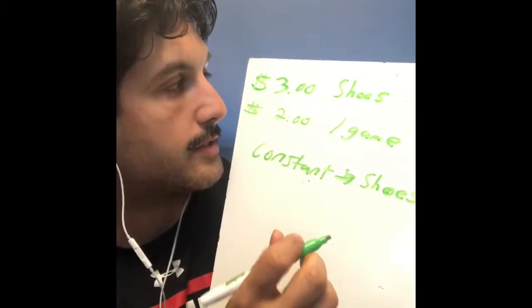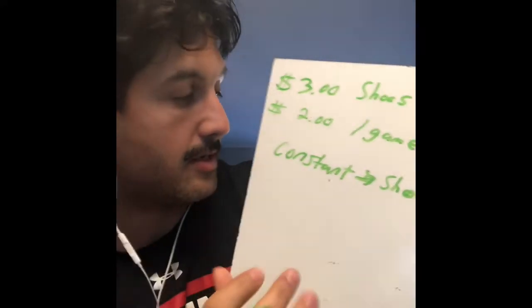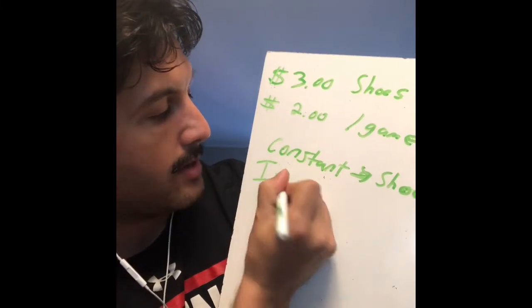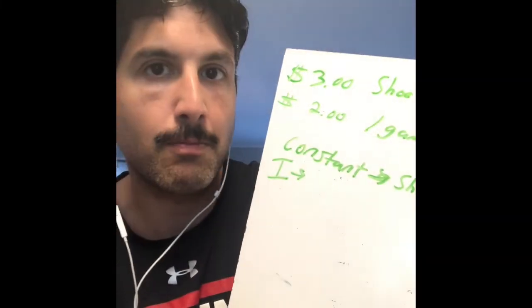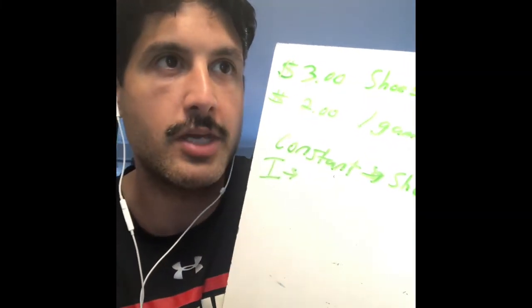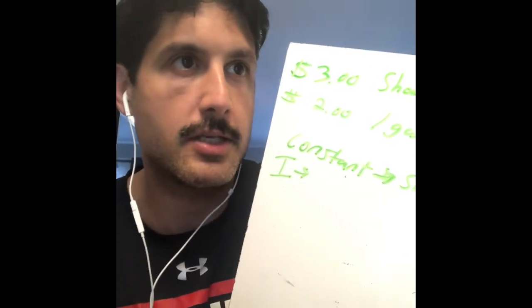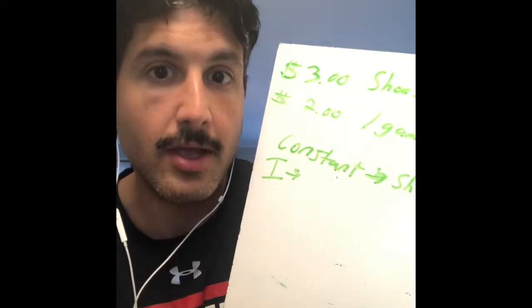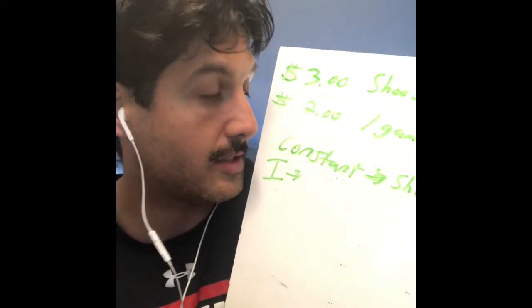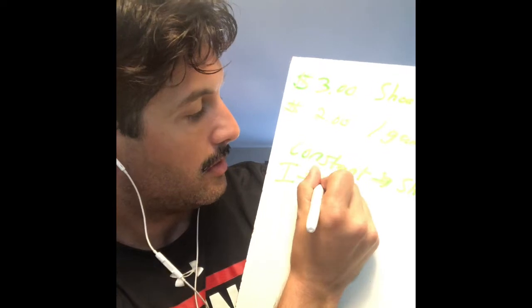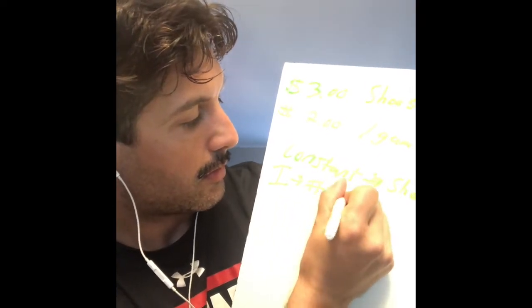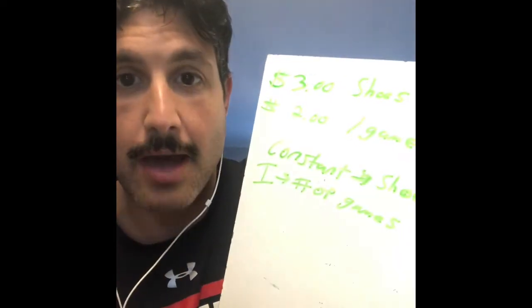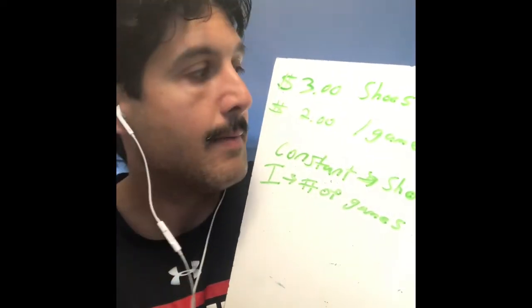Now you've got an independent and a dependent variable. So I'm just going to put an I for independent. Which one is changing predictably? If you wanted to change the amount you paid, you could change this predictably and it would result in affecting or changing the other variable. The independent variable in this one is the number of games. You can change that predictably. You have control of that.